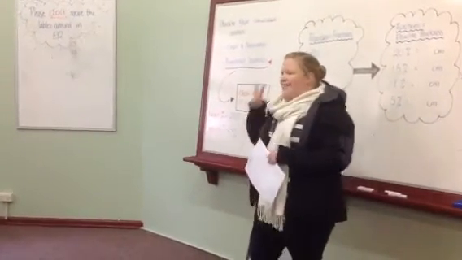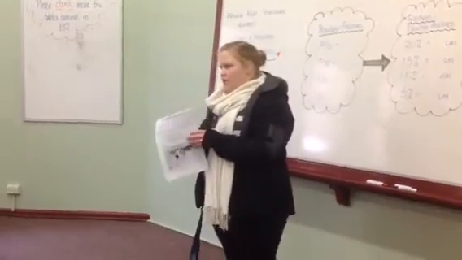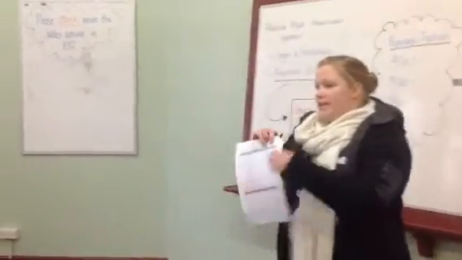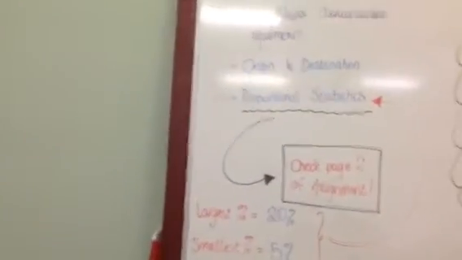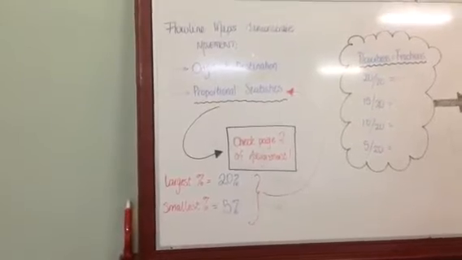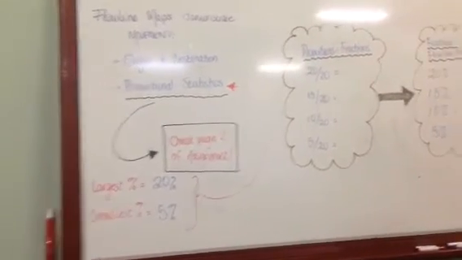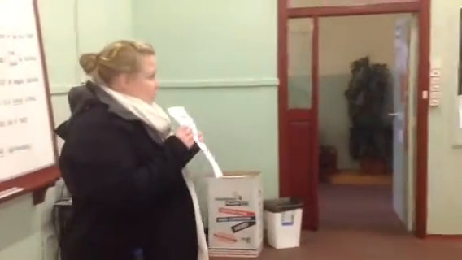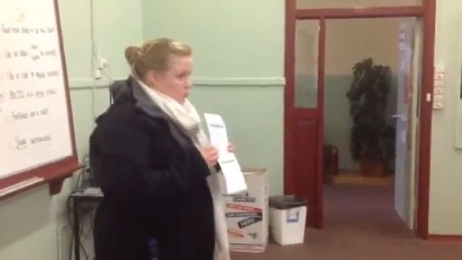If you have a look at the second page of your assessment task, you can see that there's a table showing the percentage of Australian wheat that's exported to these countries down here on the left-hand side. These are the statistics that have come from the Australian Bureau of Statistics.